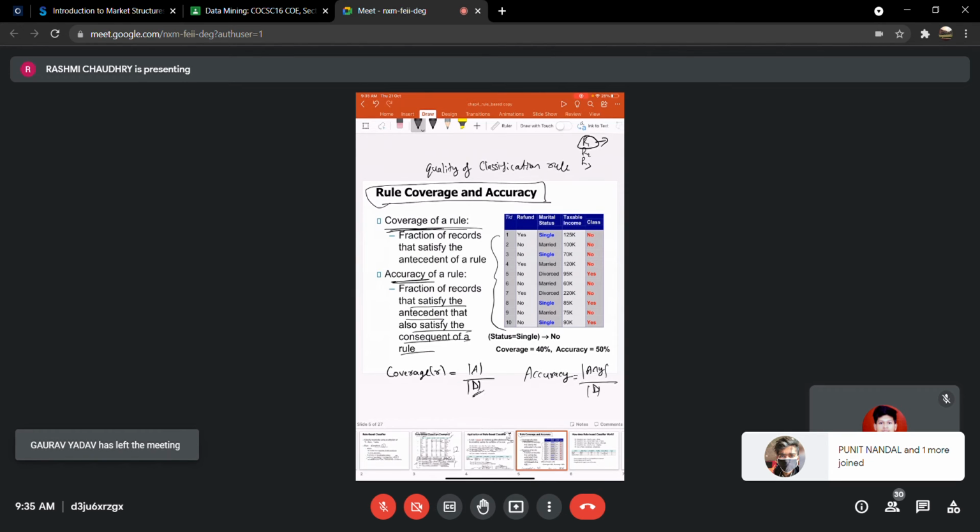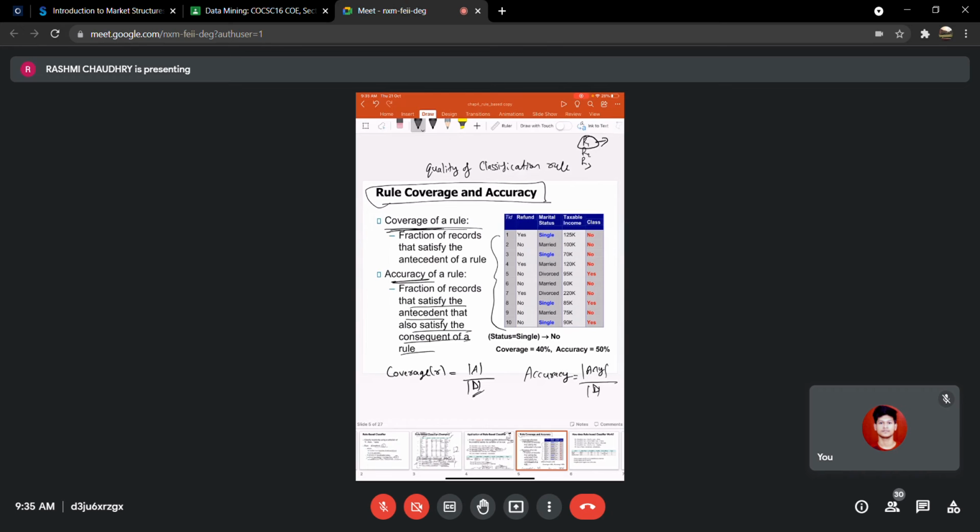And this D defines how many records there are. So if this is D and some rule is given, then you have to find out the coverage and accuracy. It will become more clear with the help of this example.